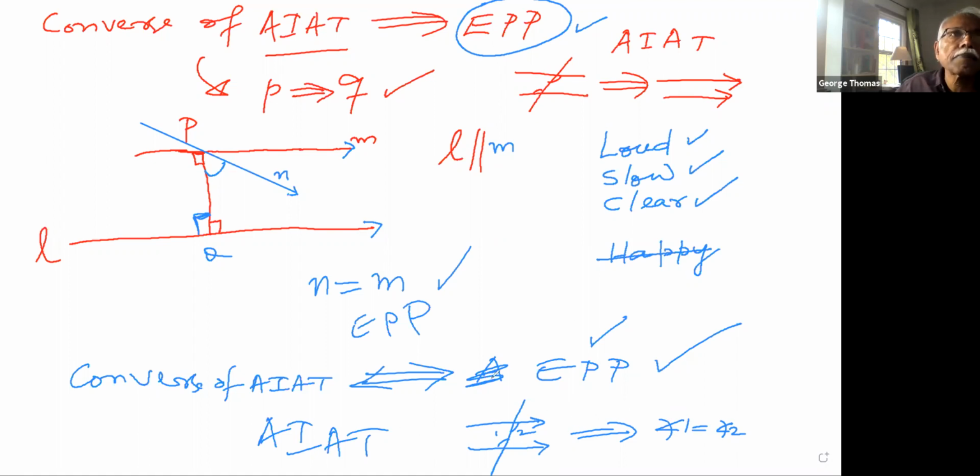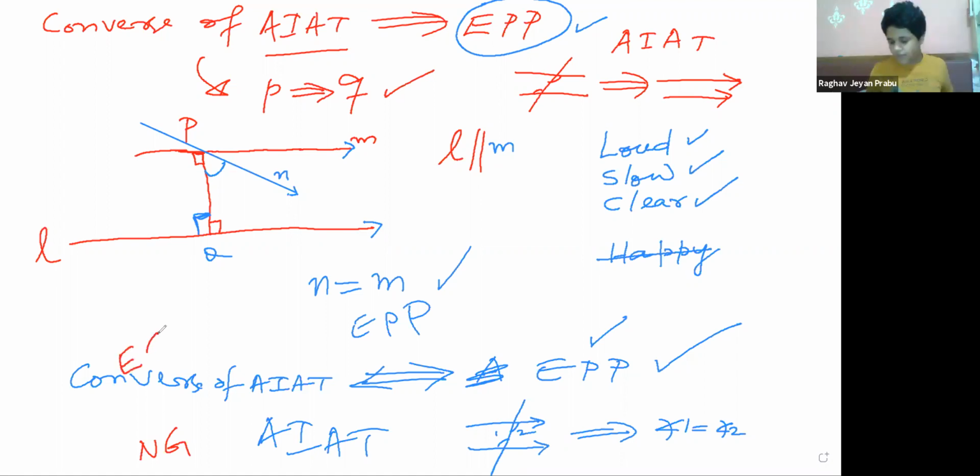This is a theorem in which geometry? Neutral geometry. So it is in neutral geometry.